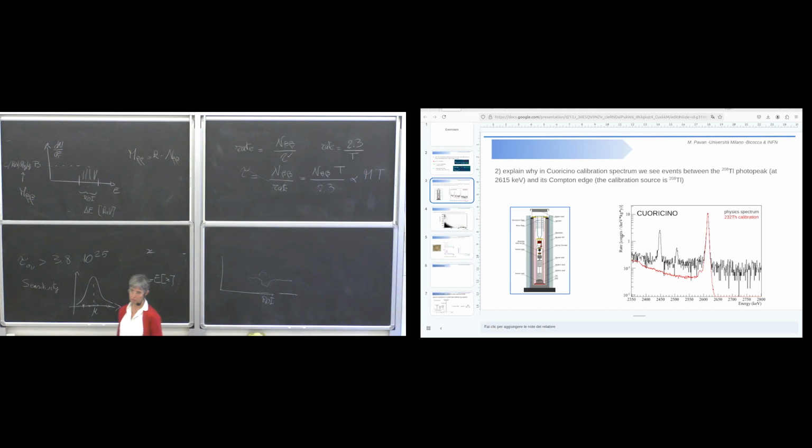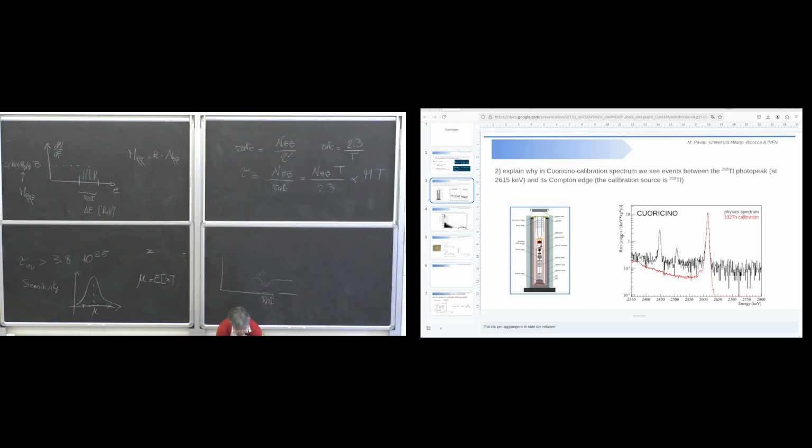The photon, yes, more or less it's like this. So it's losing a part of its energy outside the detector, and then enters the detector once more. So this is called multi-Compton.